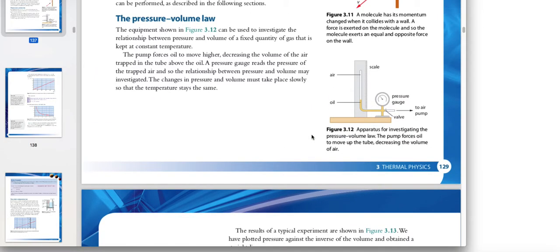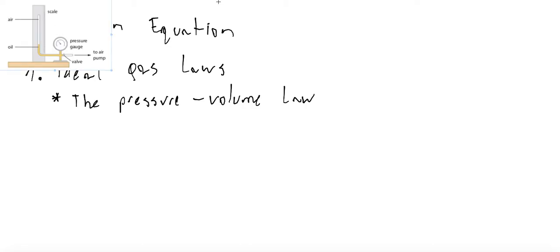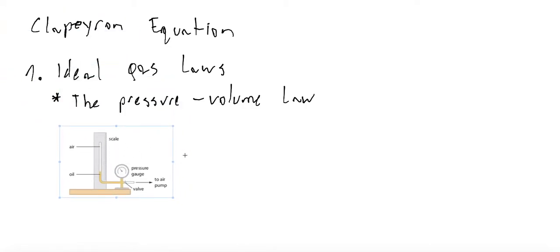Okay, here in your Tsokos you have a design, a setup or apparatus of this experiment. Let's imagine that there is a pump which is able to change the pressure of the gas which is confined in this pipe, and here there is a kind of liquid which is able to compress the gas.